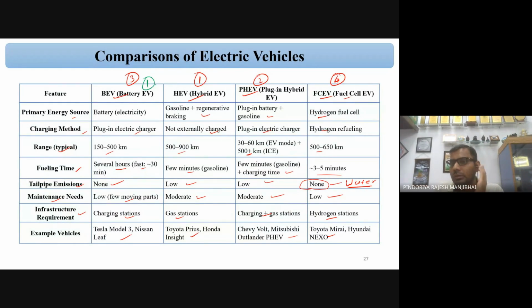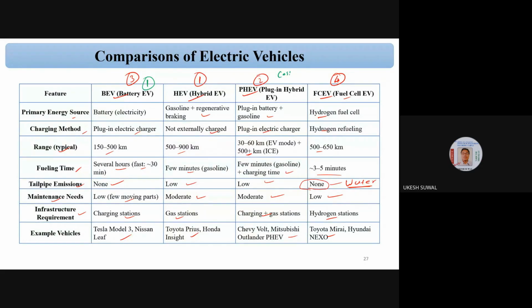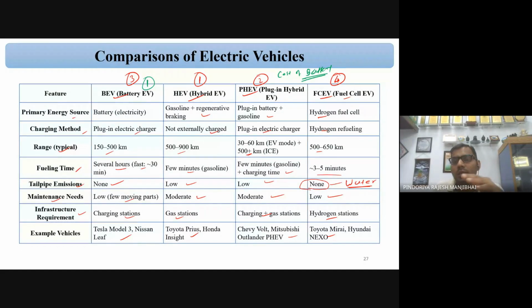Okay. So in the last class, we already discussed that the cost of the battery is too much. Battery cost is very high. Suppose you remove the battery from the battery operated electric vehicle and compare the ICE vehicle and the battery operated vehicle, then we can say the battery operated vehicle is much cheaper. The major cost is only the battery.